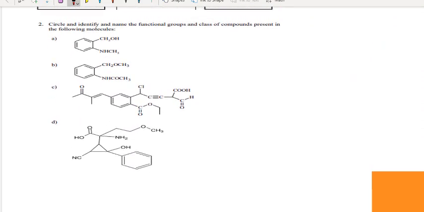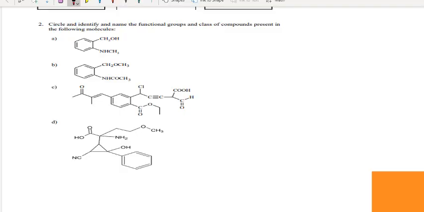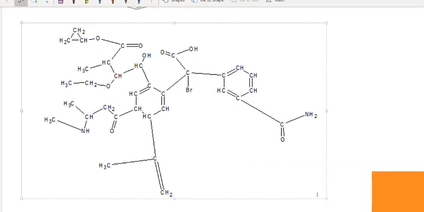Okay, so we are going to do an example. Let's say you are given this structure, the giant structure, I guess.